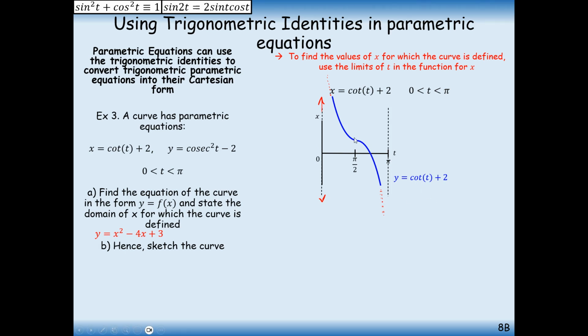And this translation by 2 doesn't change that. So when we are considering the graph of this quadratic here, we know that x can take any real value.